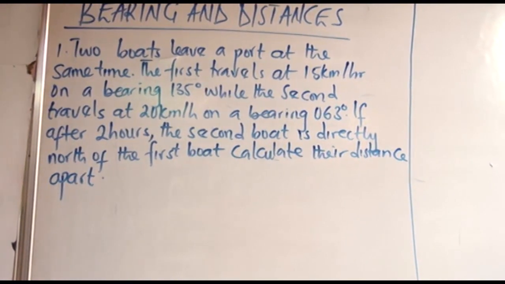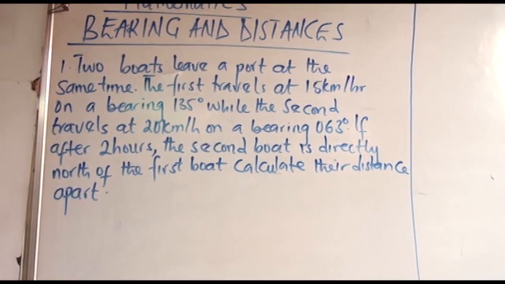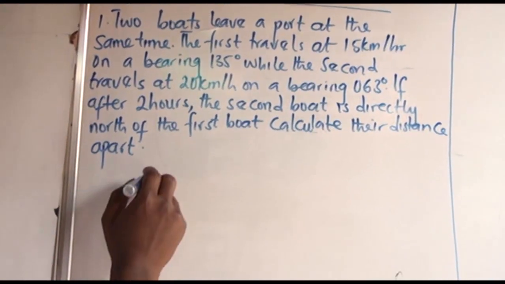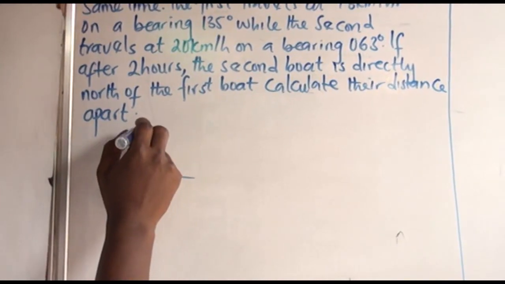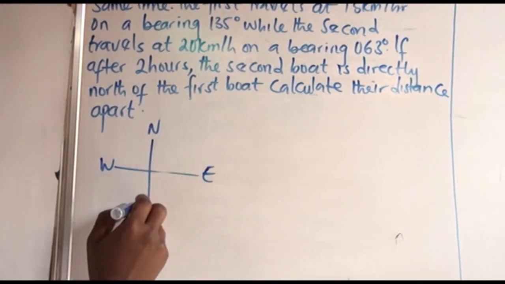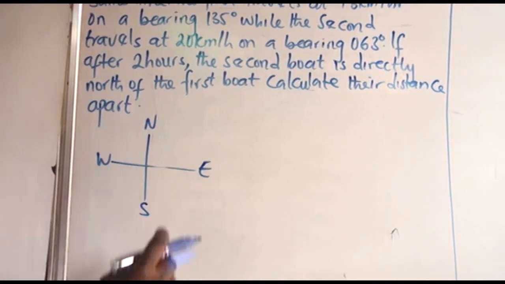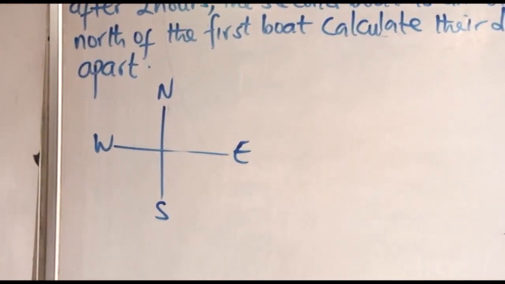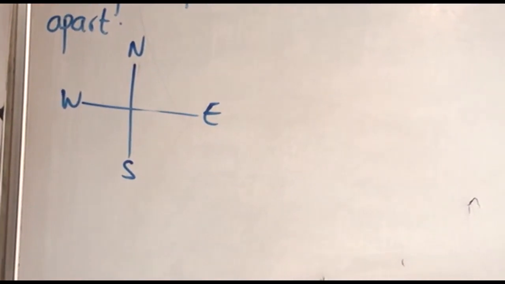There are four basic directions in bearings: north, east, south, and west. Those are the four cardinal points that we use in bearing.